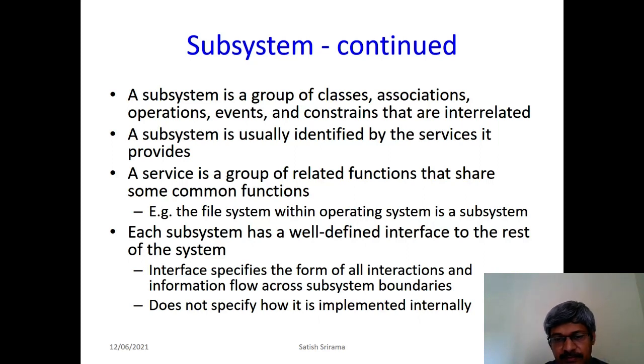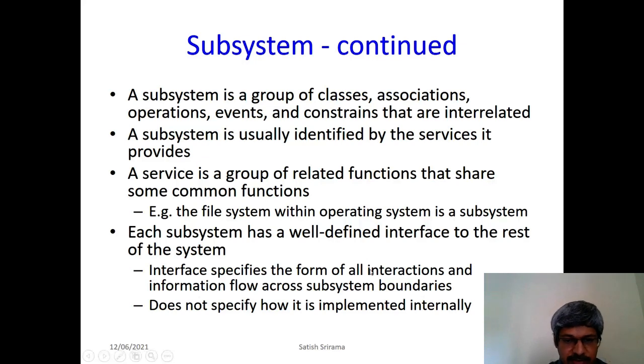Each subsystem will have a well-defined interface to the rest of the system. The interface specifies the form of all interactions the subsystem will have with all other subsystems within the complete system, and the information flow across the subsystem boundaries.